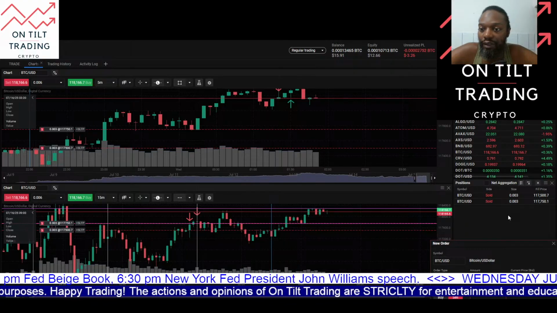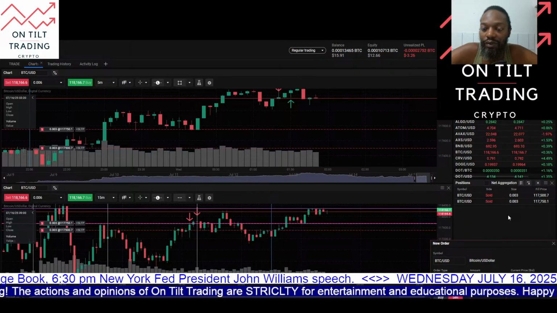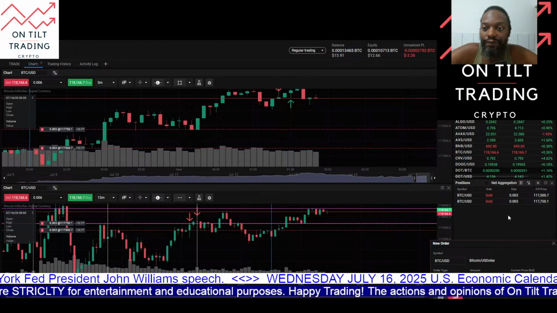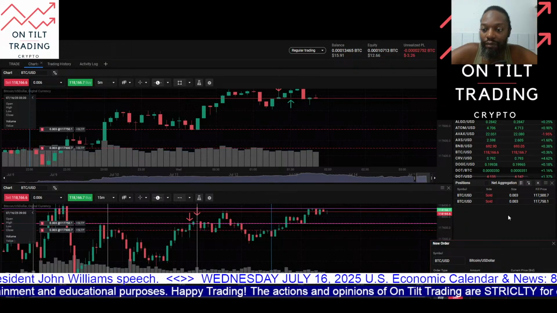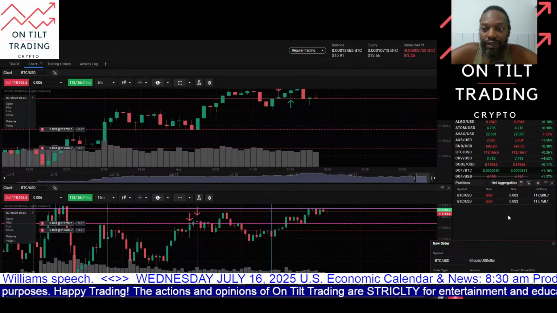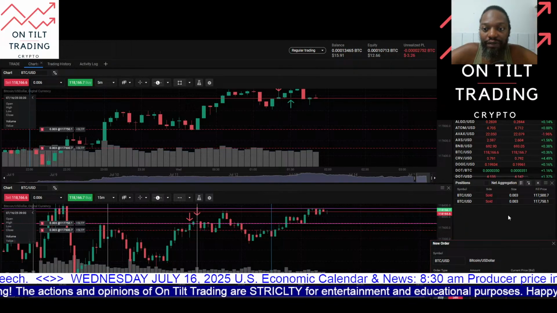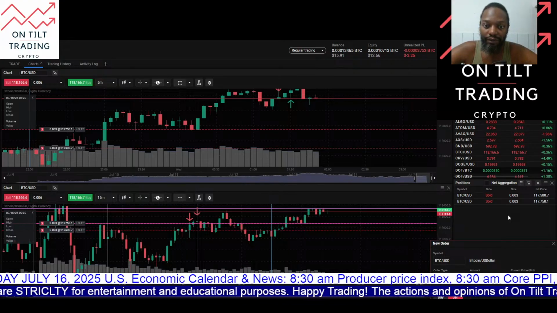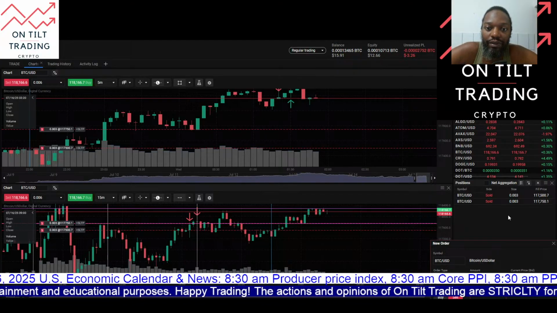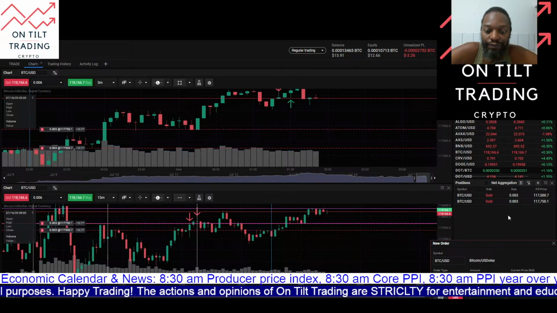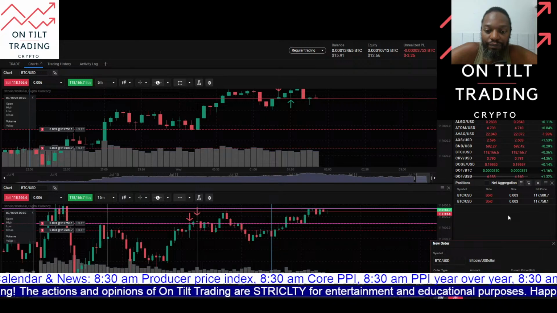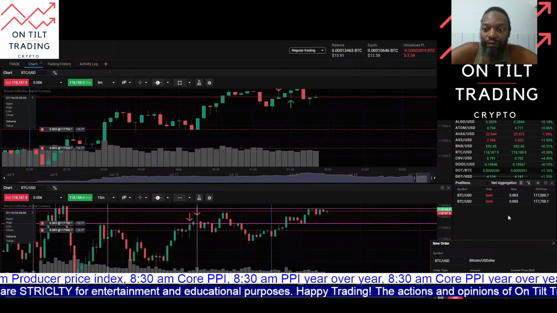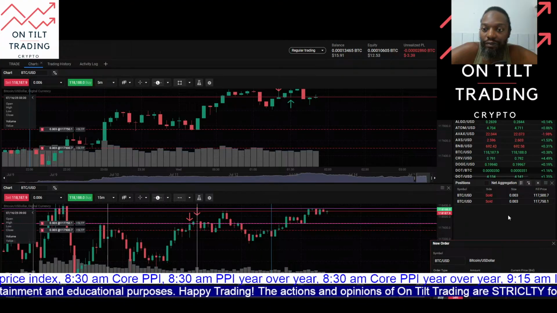Price currently consolidating between 118,180 and 118,150. Currently sell side delivery in the current 5-minute candle with less than 1 minute to candle closure. Still consolidating, 118,180.